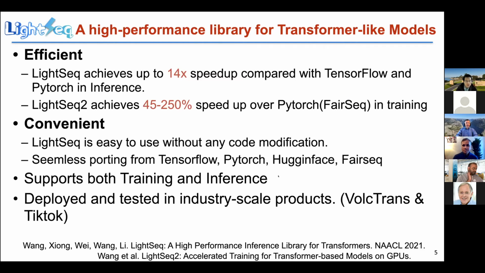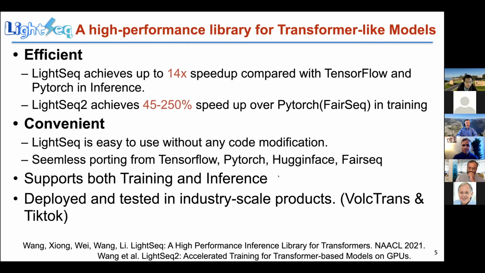We developed this library called LightSeq. It's an efficient training and inference library. Compared to baseline frameworks like TensorFlow and PyTorch, both popular deep learning frameworks, you can get 14 times speedup in inference and 45 to 250 times speedup in training compared to PyTorch and TensorFlow.